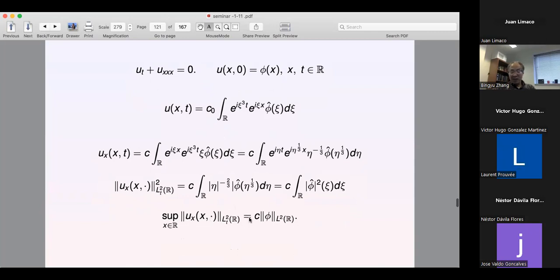What you get is an equality, not an inequality. So it's absolutely sharp. You cannot make any improvement, right? So again, two tools are important. One is the Fourier transform. Its role is to give us an explicit integral representation formula. Plancherel's theorem is the other key to getting sharp Kato smoothing. Okay.